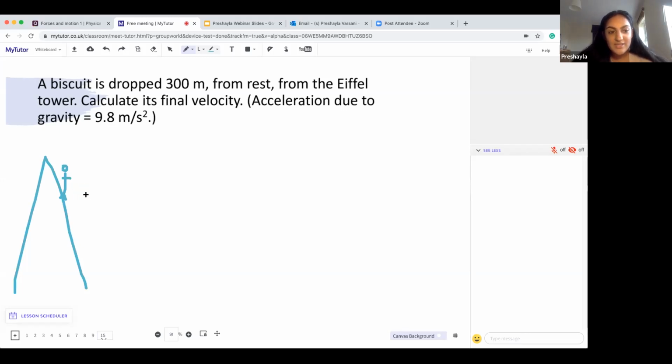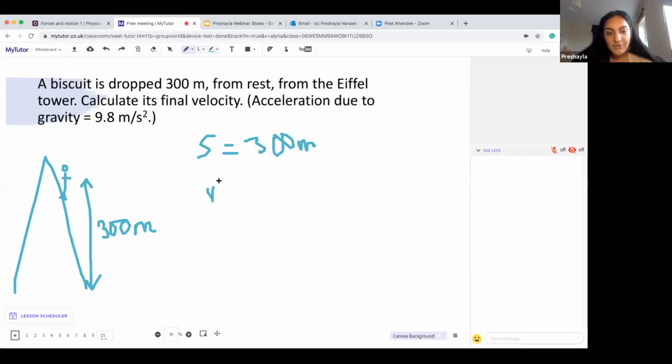This distance is 300 meters up. So this person is at a height of 300 meters on the Eiffel Tower. So we have S, displacement, which is 300 meters. We want to find its final velocity.